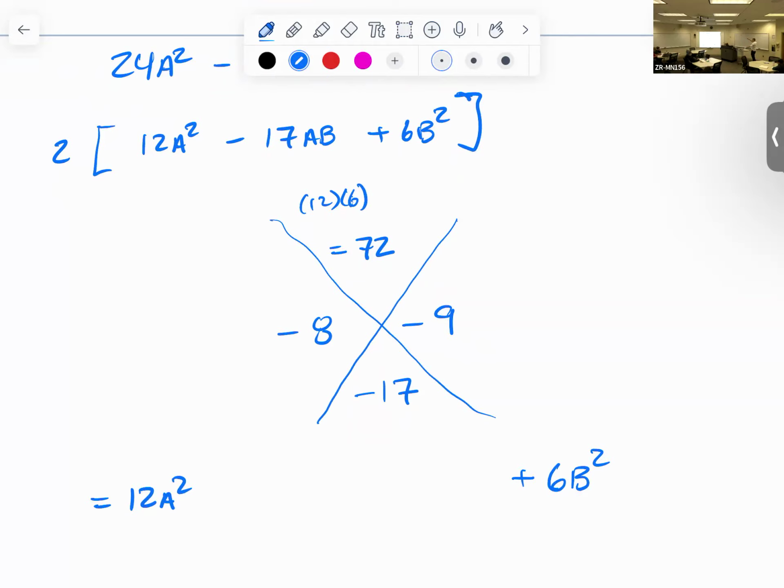Nothing changes. 12a squared, 6b squared. You don't touch those. They literally come all the way down. Then rewrite the middle term using the factors. So -8, -9, exactly what I pulled out of my diamond.